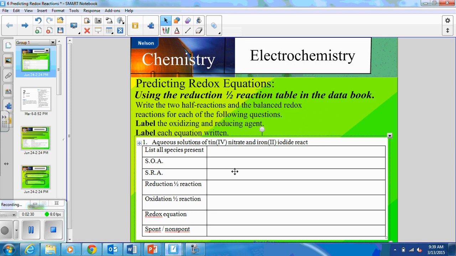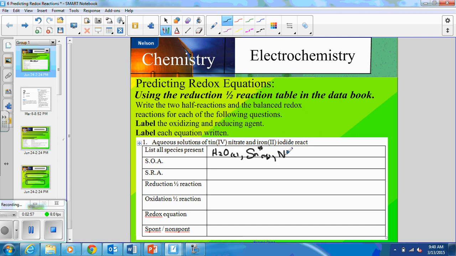And we're going to list all the species present. So aqueous solution, as soon as I see that word aqueous, this tells me that I've got liquid water present. So I've got H2O liquid. Tin 4 nitrate is an ionic compound, which is also soluble. So we're going to dissociate this into the individual ions. So this will be Sn4 plus aqueous.